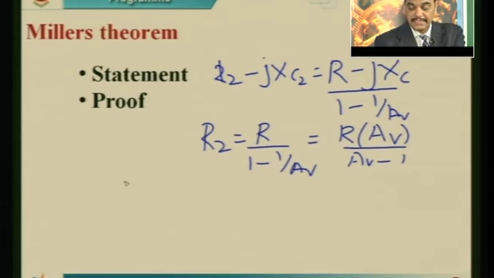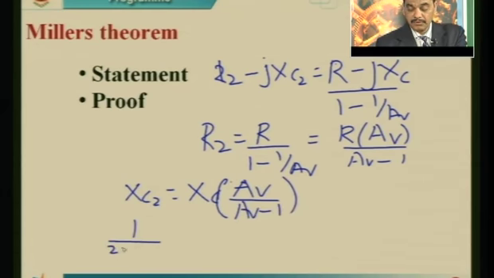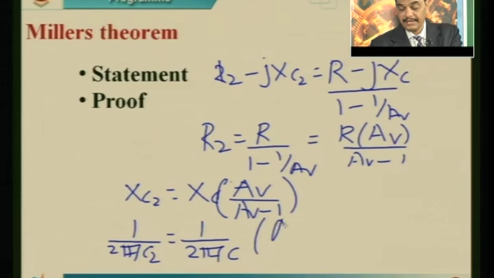Similarly, Xc2 is equal to Xc into Av divided by Av minus 1. This is equal to 1 by 2 pi fC2 is equal to 1 divided by 2 pi fC into Av divided by Av minus 1.